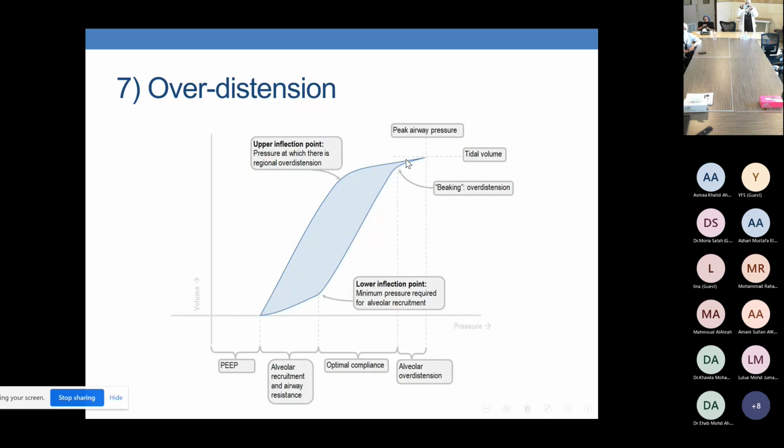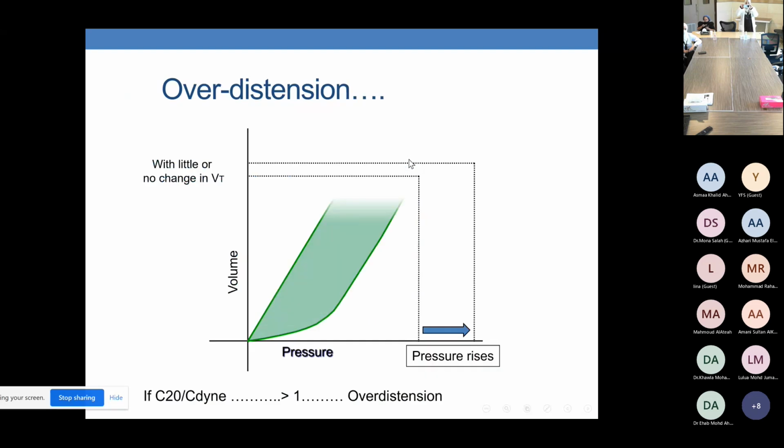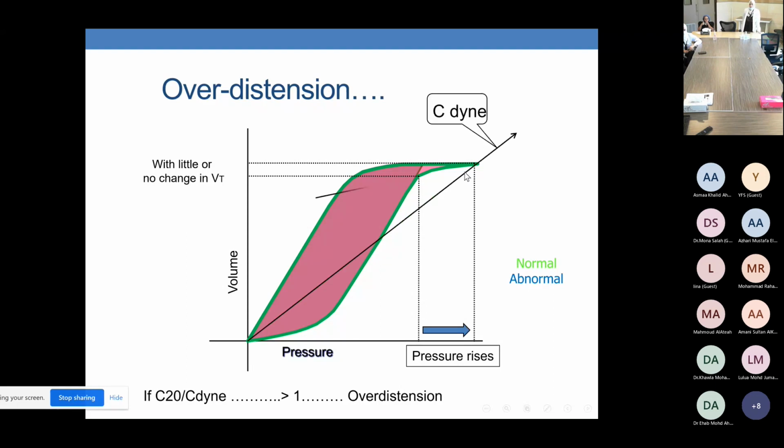And if the C20 to C dynamic ratio, the last 20%, is more than 1, and you can see it on the ventilator, this means that there is overdistension. So again, please look at your readings on the monitor. You don't want overdistension. Instead of doing an X-ray, this will help you a lot.